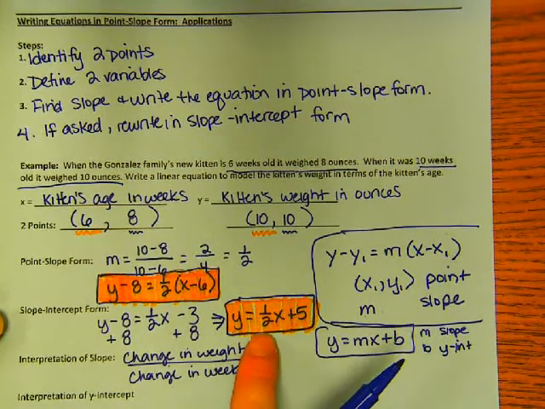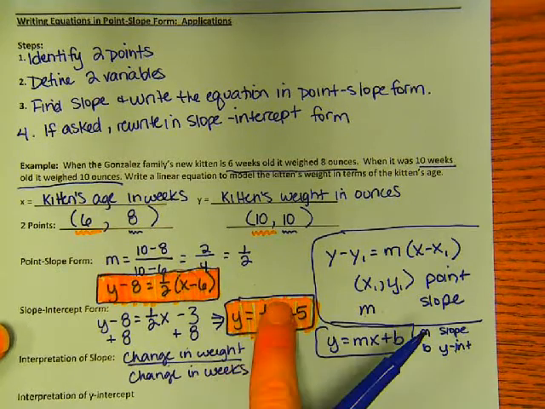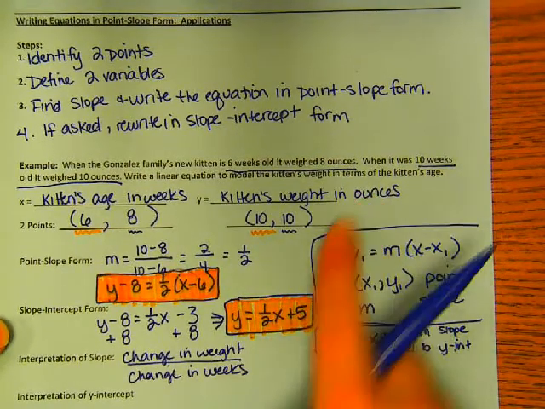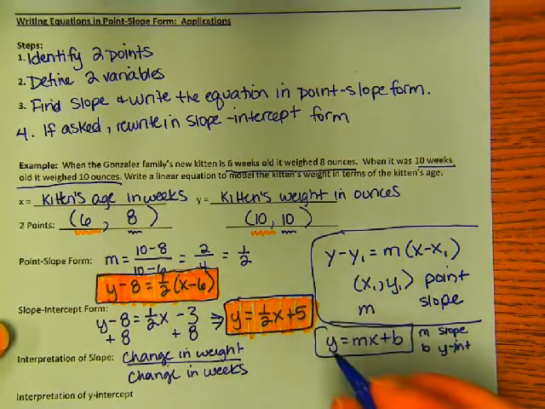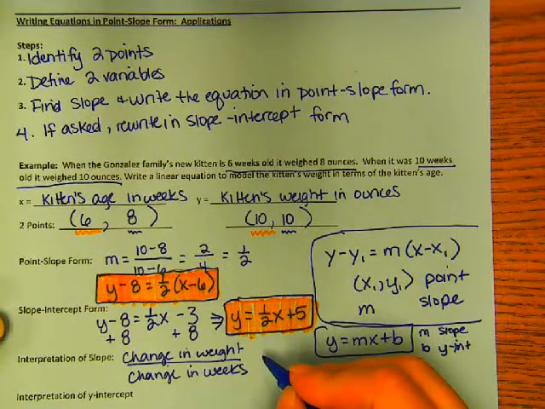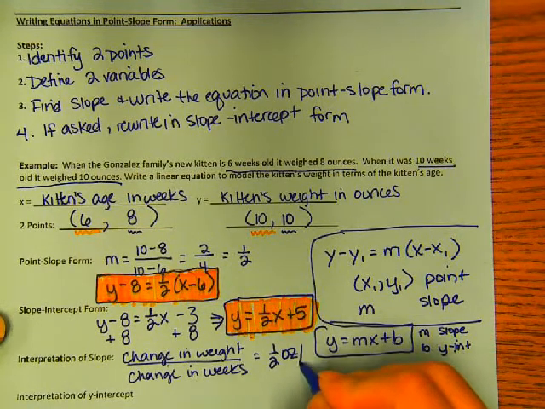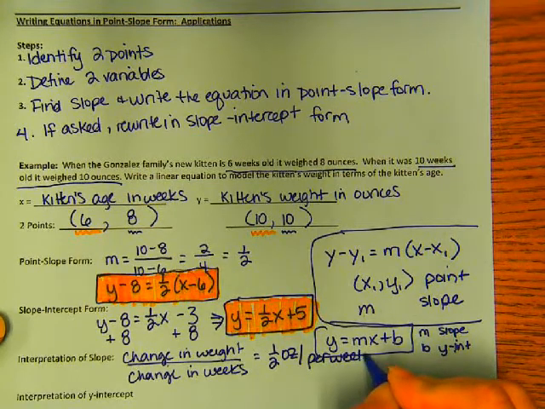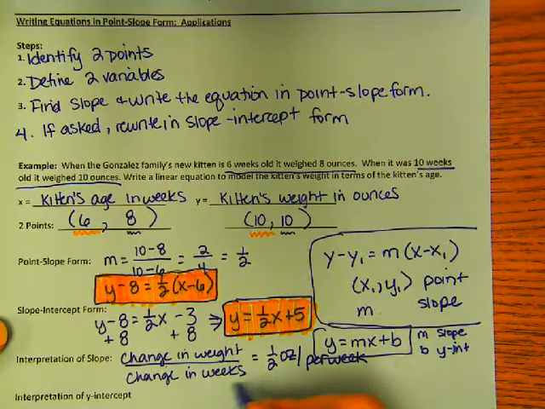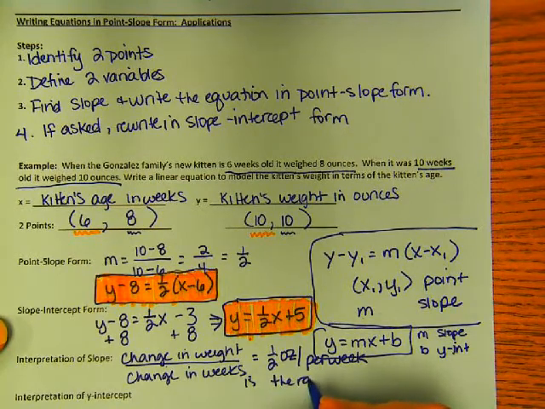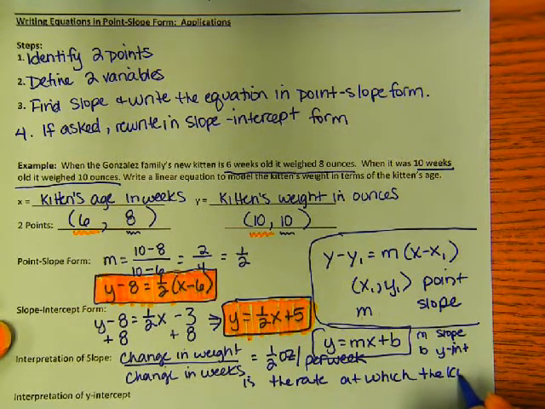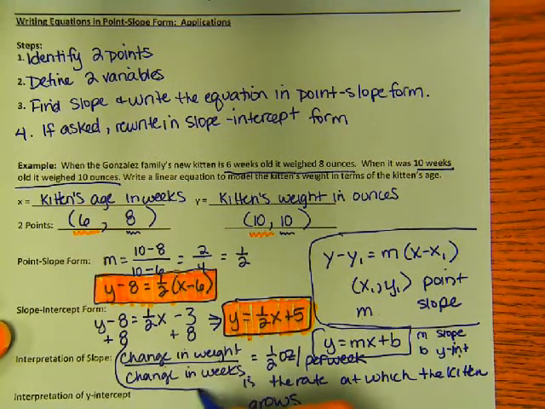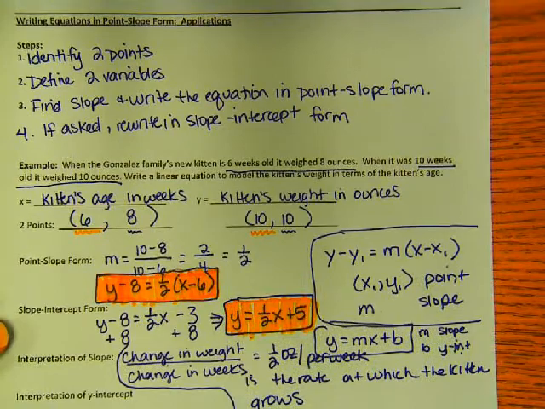So its change in weight was 1/2 of an ounce per week, or you could say 1 ounce per 2 weeks if you wanted to, because the 1 is on top and the 2 is on the bottom. But I will write 1/2 of an ounce per week is the rate at which the kitten grows.